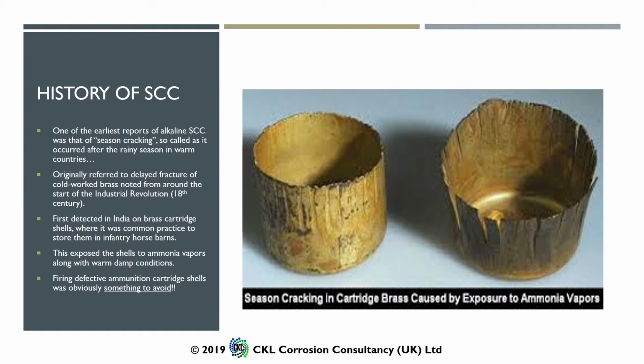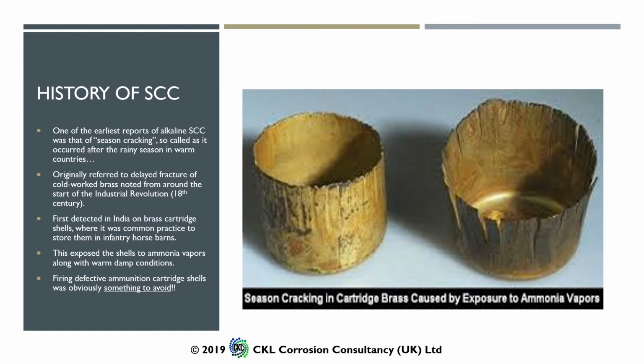These were military cartridge shells, and in those days they were kept in infantry horse barns. So you had a warm, humid environment, and a lot of horses being kept and maintained in these barns.